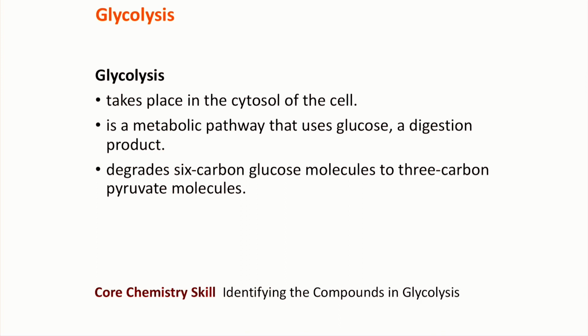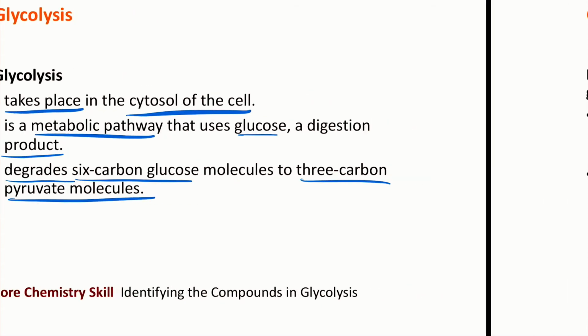So what is glycolysis? Glycolysis is a metabolic process that takes place in the cytosol of the cell, and it's a metabolic pathway that uses glucose, a digestion product. In this process, the 6-carbon glucose molecule is degraded to create 3-carbon pyruvate molecules.